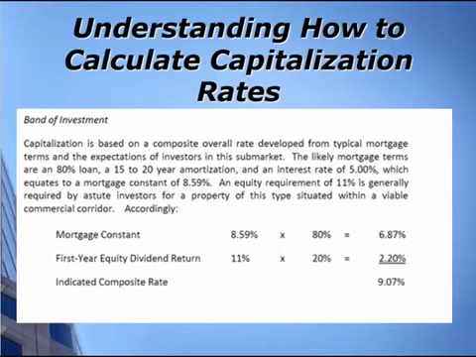Well, their loan to value changes. It's not an 80-20 loan, it's a 65-35 loan. So their mortgage constant changed. They made that type of loan less risky because the submarket for them was too risky. You see? So banks can manipulate the mortgage constant based upon their underwriting terms.